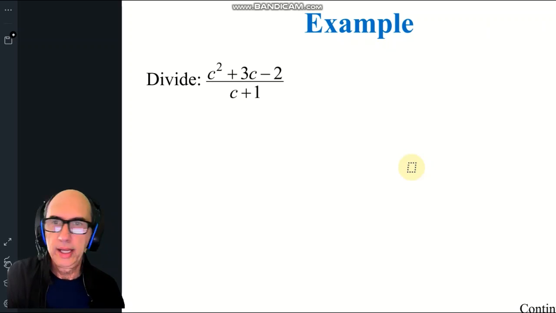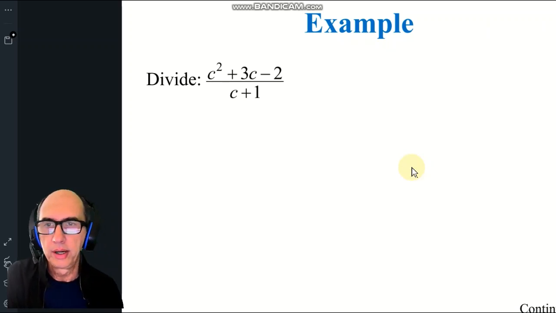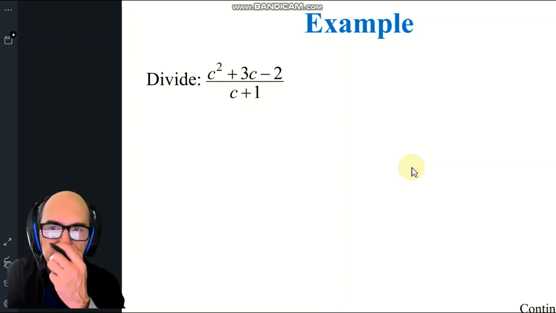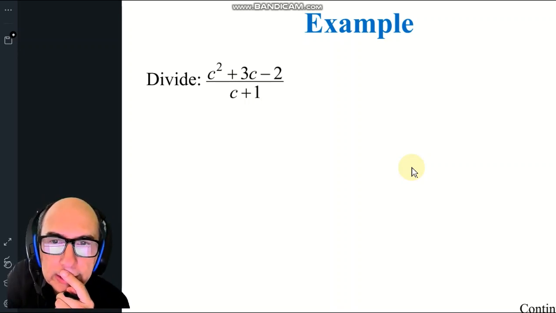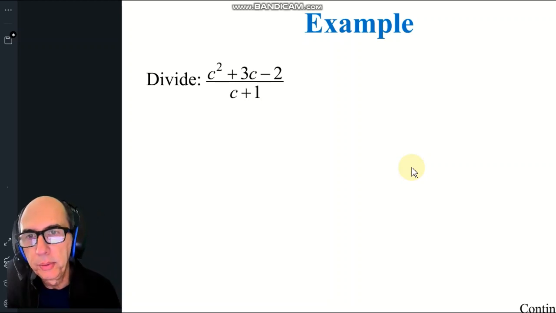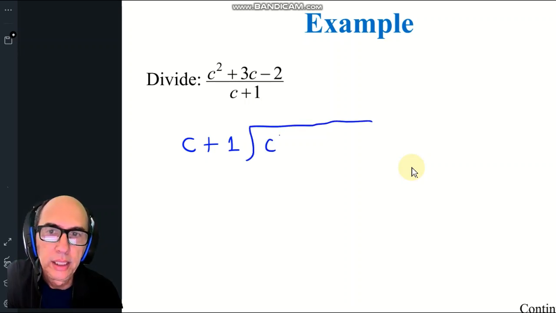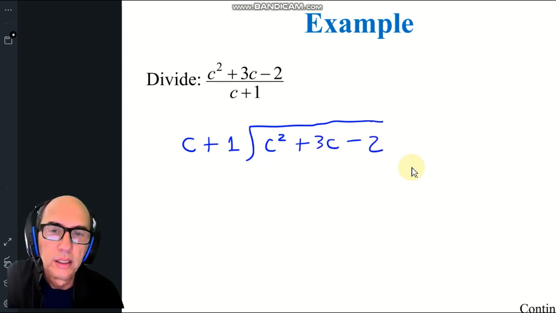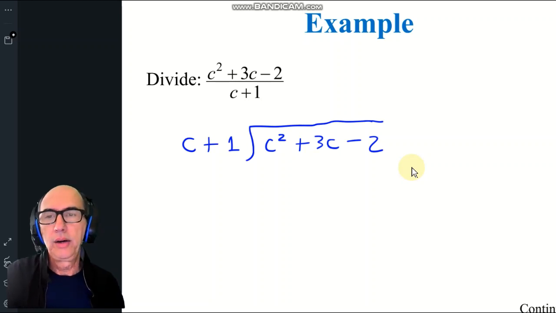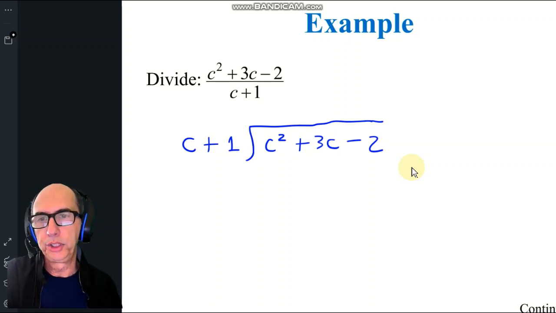All right, that one will be kind of a practice at home. How do we divide c squared plus 3c minus 2 over c plus 1? First, you have to remember that fractions are divisions, and you can write this as a long division. c plus 1 is the divisor, and c squared plus 3c minus 2 is the dividend, and now we find the quotient.